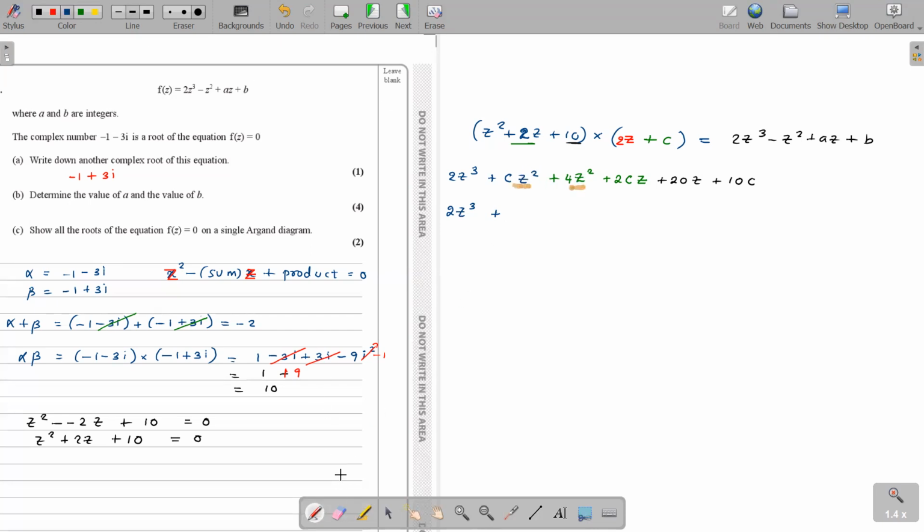I'll take z square out and I end up getting c plus 4. Do you agree? Then again, these two terms have z. So when I take z out, I get 2c plus 20, plus 10c. Can you see I've separated the z cube? Okay, 2z cube, c z square, 4z square, 2cz, 20z, 10c. Wait, what went?